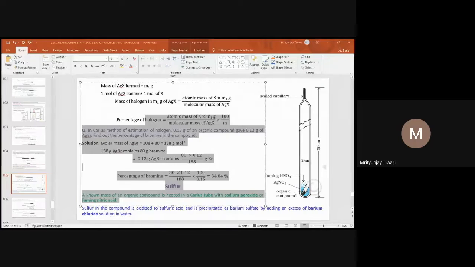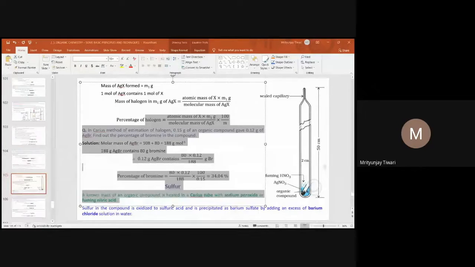Now let us look into the estimation of phosphorus. Earlier, to detect phosphorus in qualitative analysis, we first oxidize phosphorus. After oxidizing it using sodium peroxide, it is converted into phosphate, and this phosphate reacts with HNO3 to form phosphoric acid.